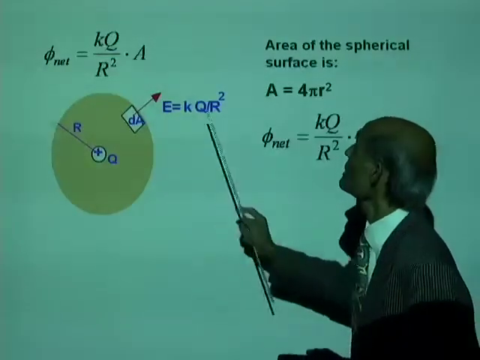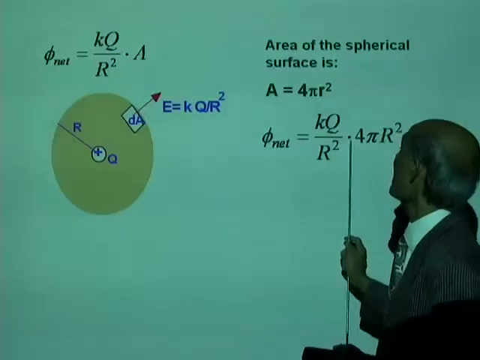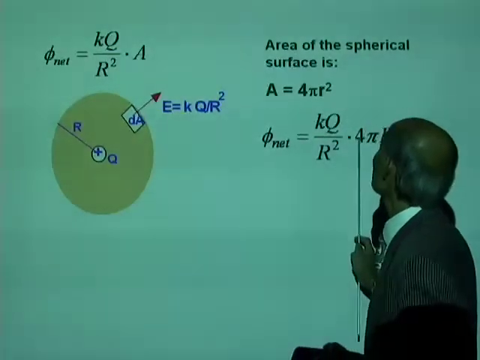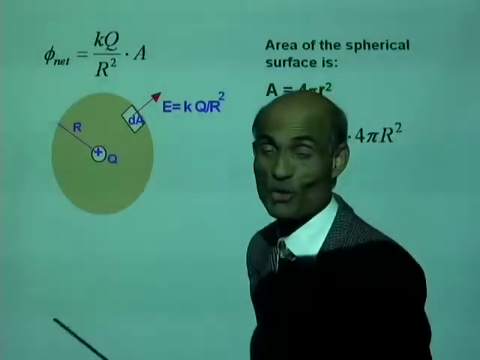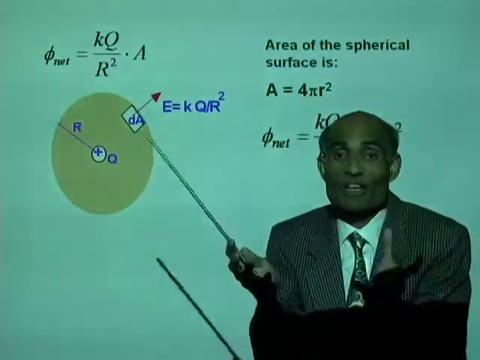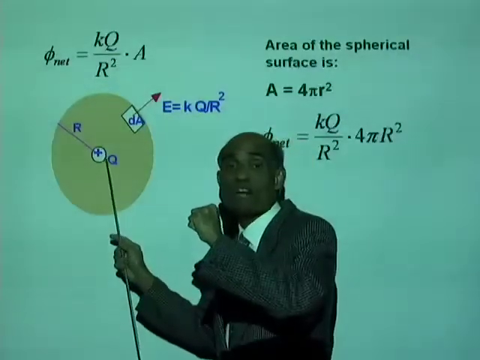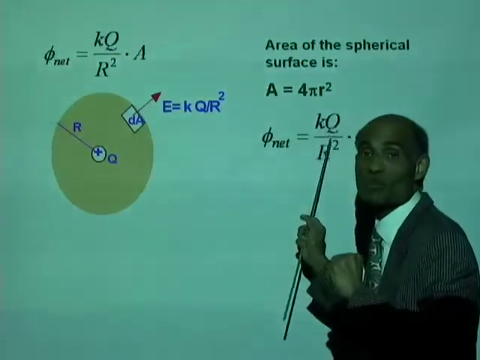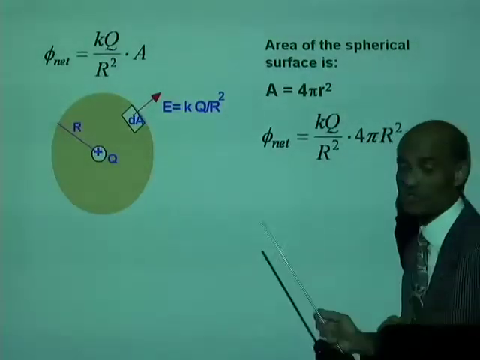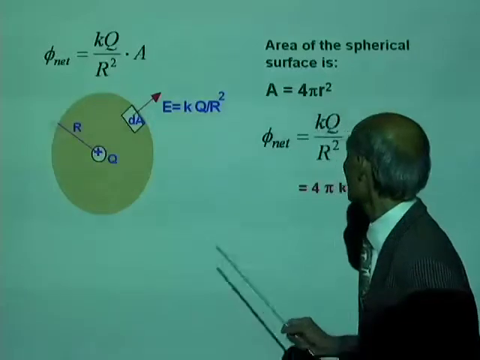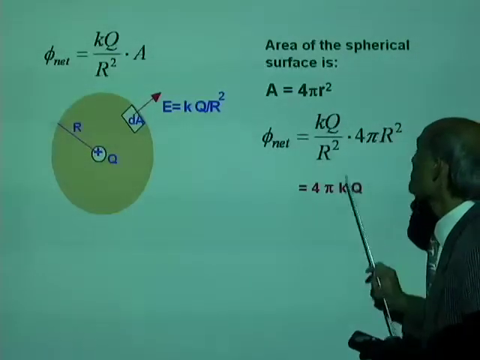Therefore, phi net equals kq over r squared times 4 pi r squared. So, the net flux leaving the spherical surface that contains a charge q is given by this quantity. And you notice r squared will cancel, and it gives you 4 pi k times q.